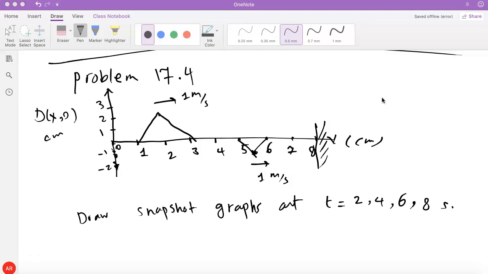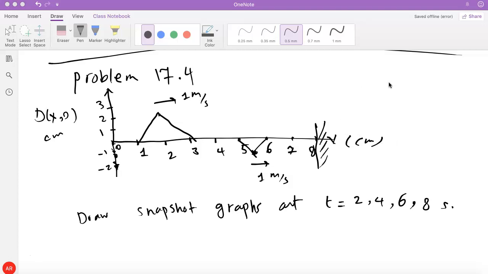This whole thing is moving to the right toward this fixed wall. There's also another pulse here, goes to -1 between 5 and 6 centimeters. So that's a snapshot at t equals 0. Both of them are moving to the right.